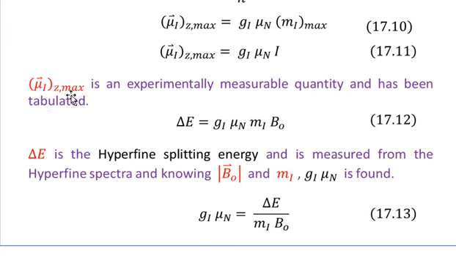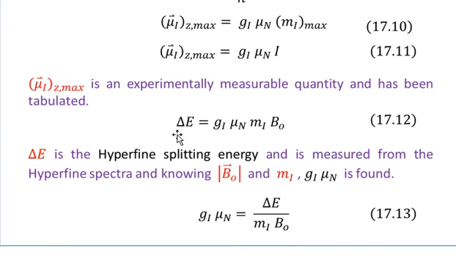So mu I Z and Z max is an experimentally measurable quantity and has been tabulated. You see that there are tables available, and you can find their values for different elements and for different nuclei more precisely.